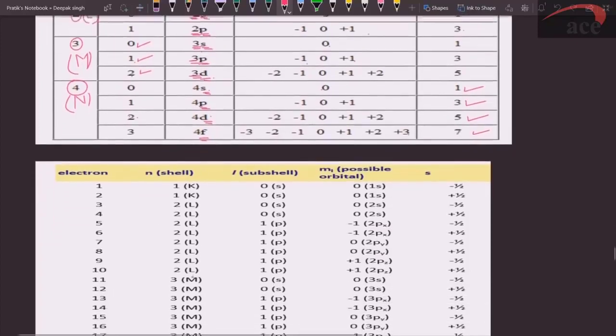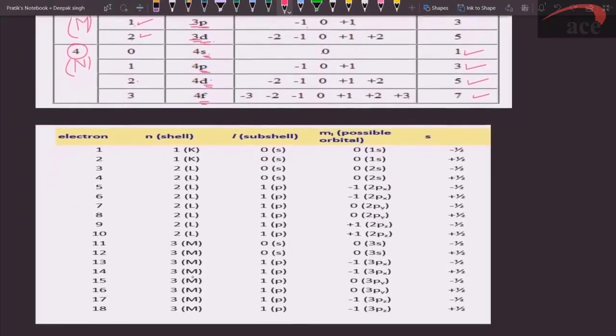For any electrons, students, the sets of quantum numbers are not the same. For example, when you talk about the first electron, the question is where this first electron enters. The first electron enters into the K shell. For the K shell, what is the value of N? It is 1. The first electron enters the S subshell, so what is the value of L for the S subshell?